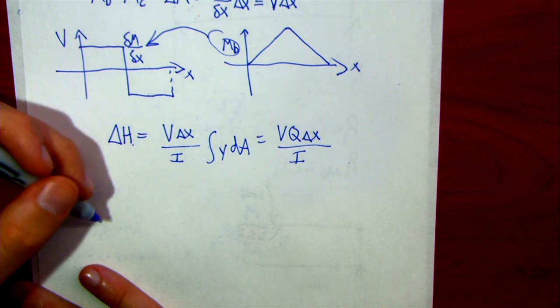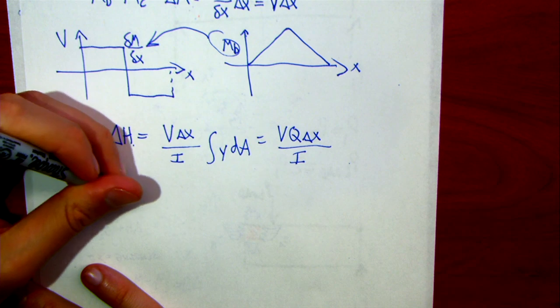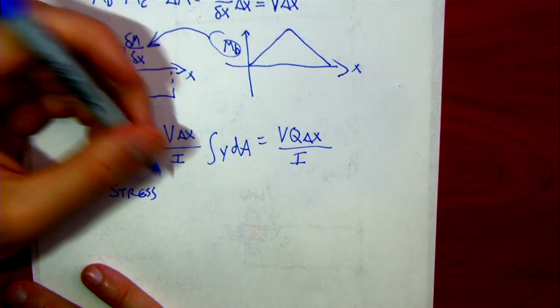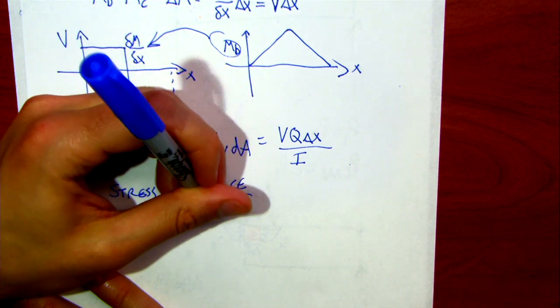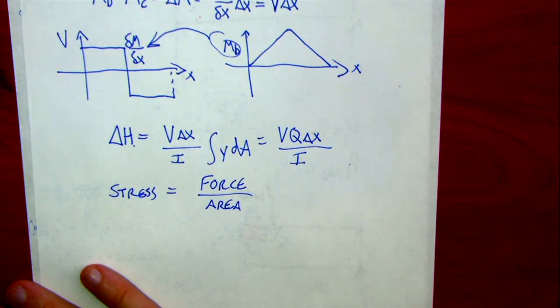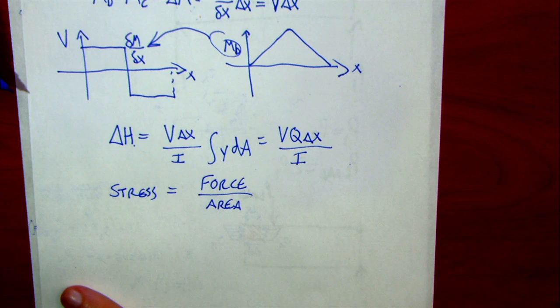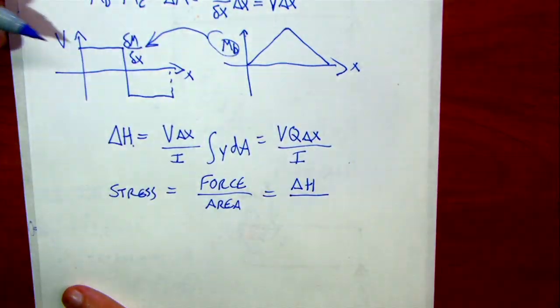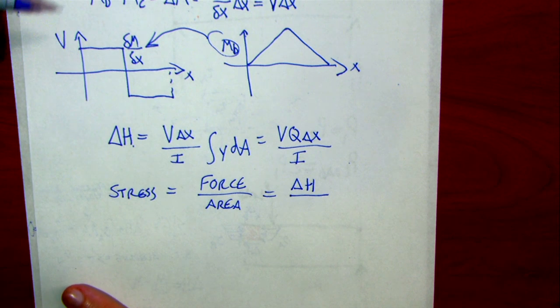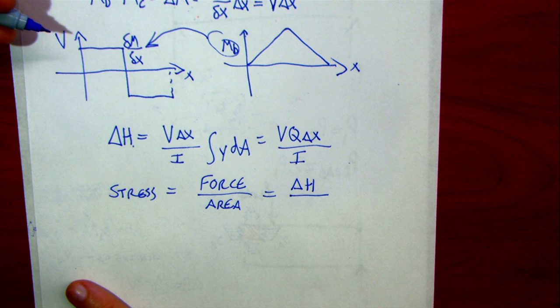We know that stress is fundamentally some force distributed over an area, even if it's a differential area. So in this case it would be delta H distributed over the differential area of the bottom of the stress cube. I could write dA, but that would not be helpful at all.